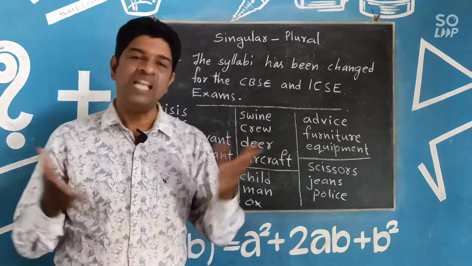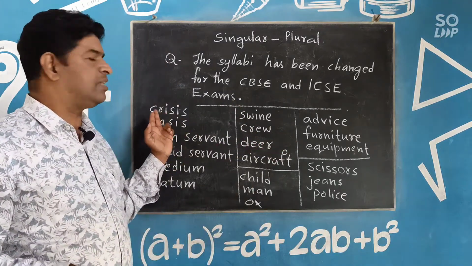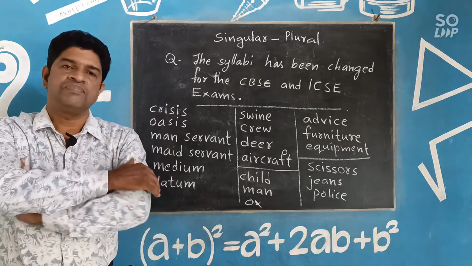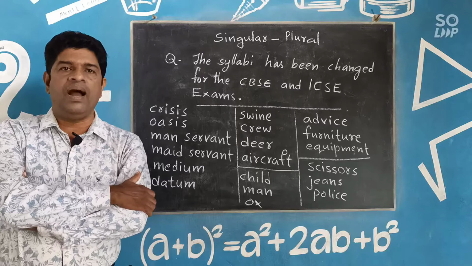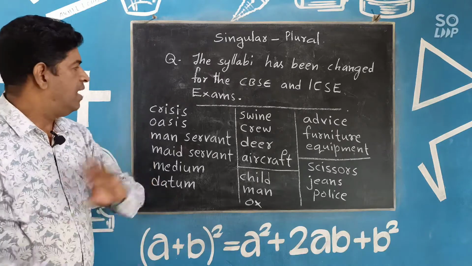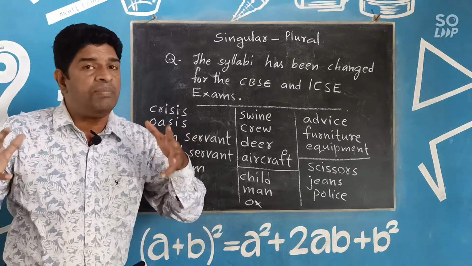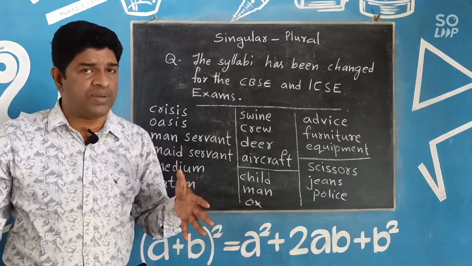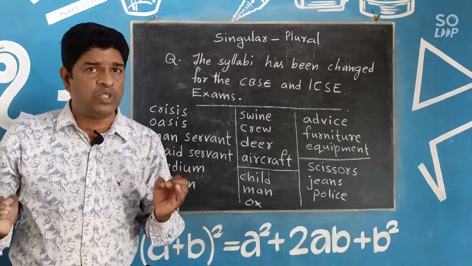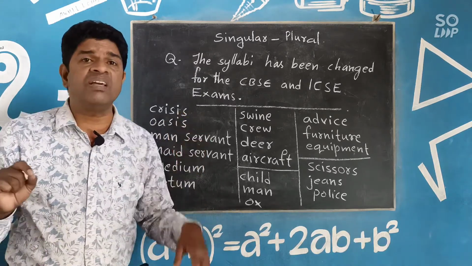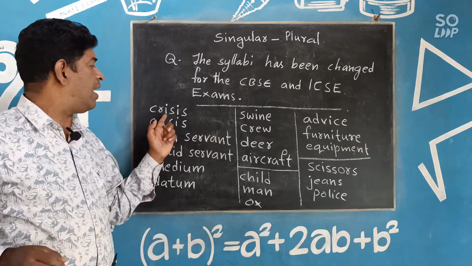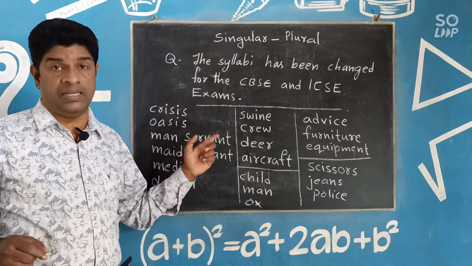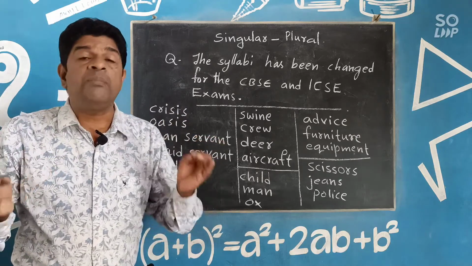Ready? Come on, let's consider this word crisis. What do you mean by crisis? A difficult situation. Yes, a crisis is there. Also, more than one difficult situation is there. We have to use not crisis, but crises, not is, but es.